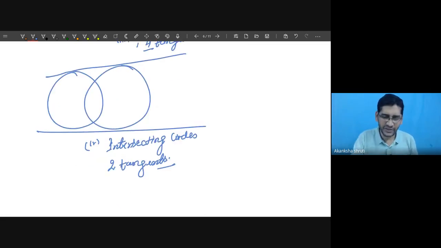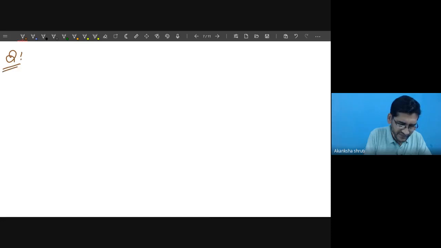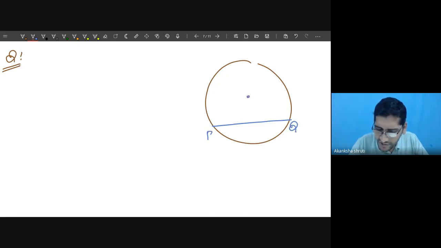Other smaller concepts we already know since our class 9th. If we consider a circle like this with PQ as one of the chords, it is nothing but revision of your previous class.